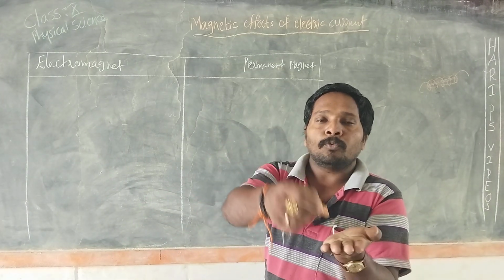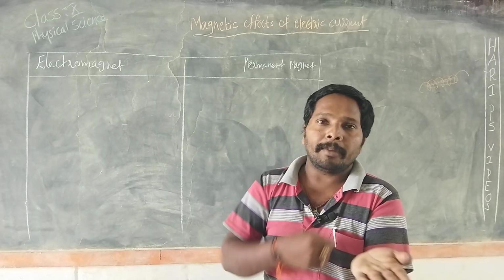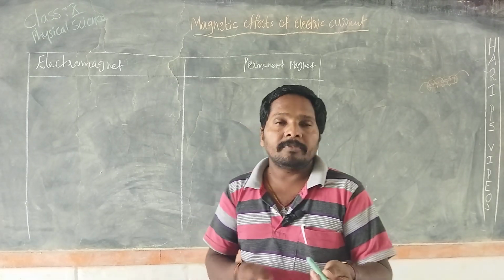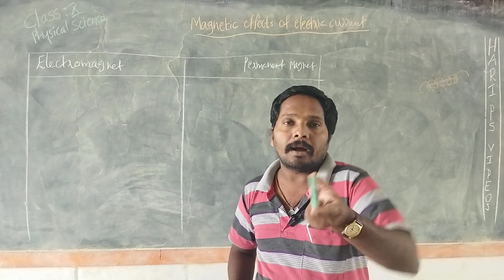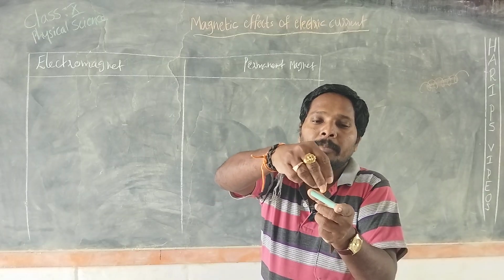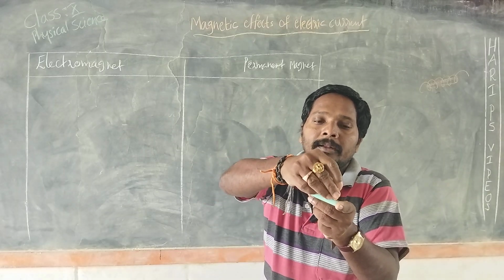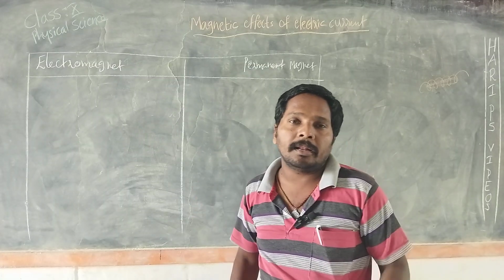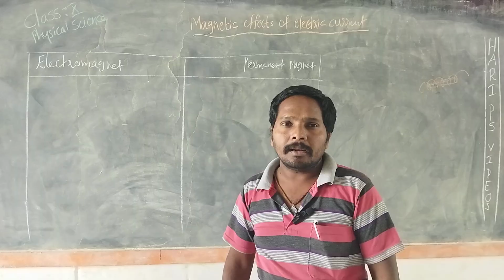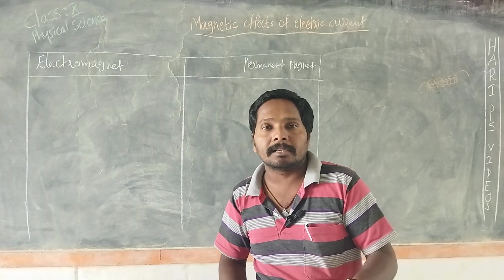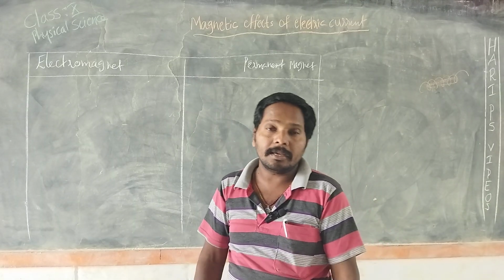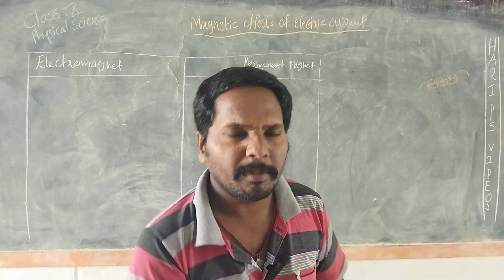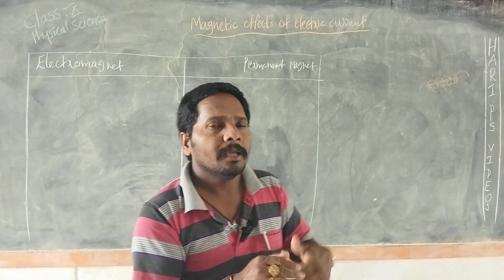For example, if this is an iron nail, when we rub it with the bar magnet like this, what will happen? The iron nail acts as a bar magnet. Also, by passing electricity through this iron nail, it acts as a magnet. So by using different methods we can make a magnetic material into a magnet.